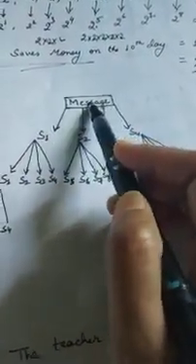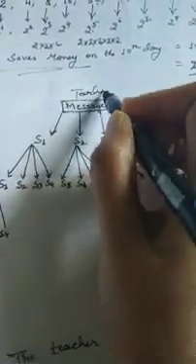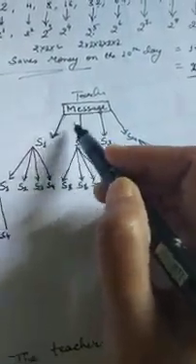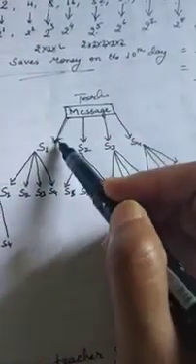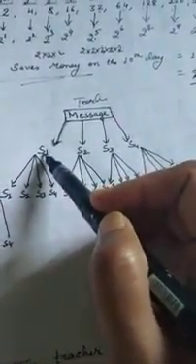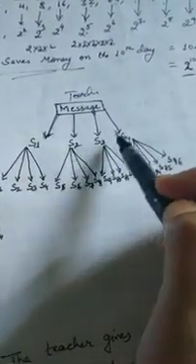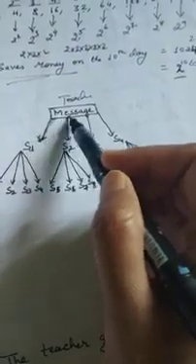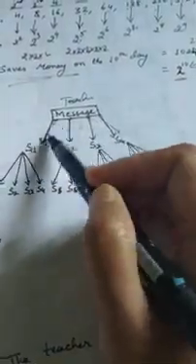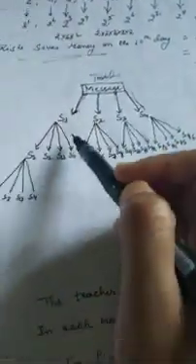Suppose this is one message given by the teacher to how many students? 4 students. You can see it is written, message is given to 4 students. Student number 1, S1, student number 2, S2, student number 3, student number 4.